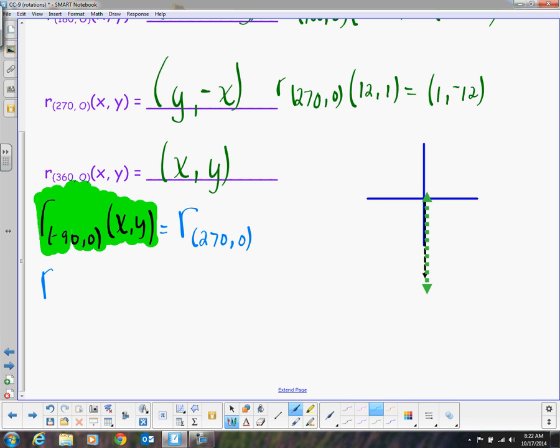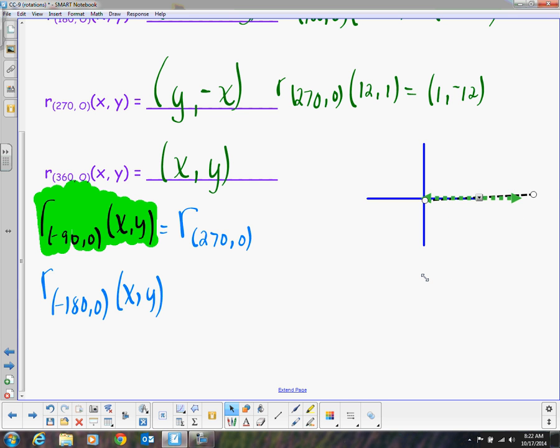What if I want to rotate a negative 180? So there's green. Okay, so I want to do a negative 180, which means I swing down 90, 180. I'm here. How many degrees do I have to go in the positive direction? So a negative 180 is the same thing as a positive 180.